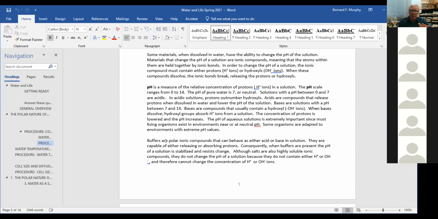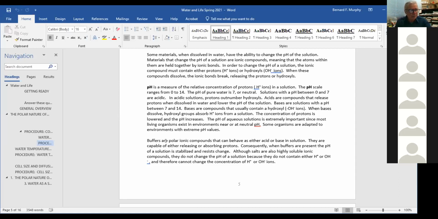The buffer can be in water, and the water can still be 7.0. They are compounds that can donate hydrogen ions to a solution, or soak up hydrogen ions, depending upon how many hydrogen ions there are.